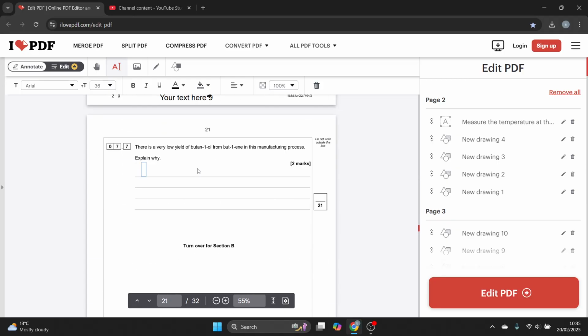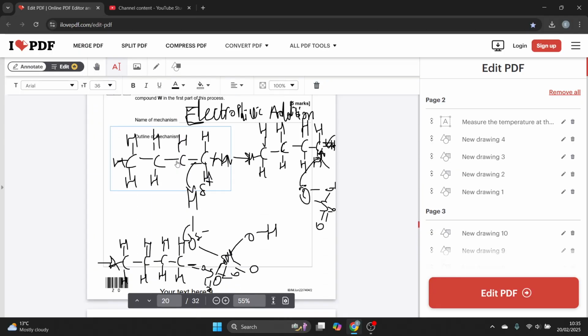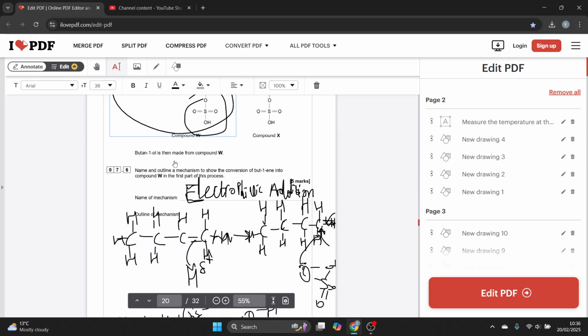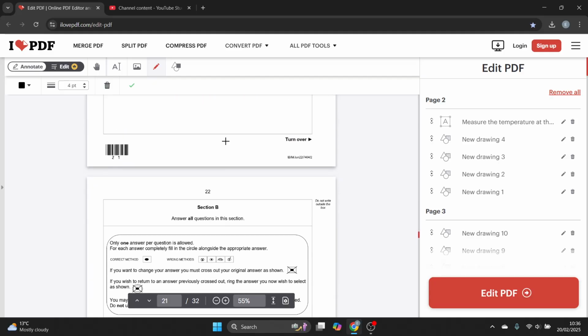Because it's formed via a less stable carbocation, in this case it's formed from a primary carbocation rather than a secondary carbocation. That is the end of section A.